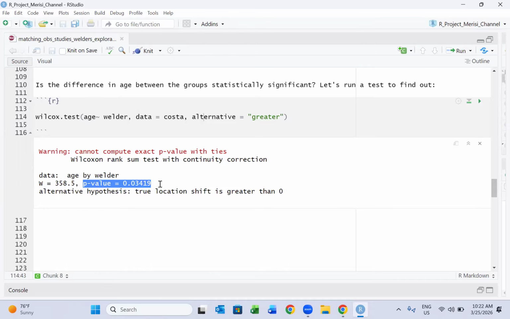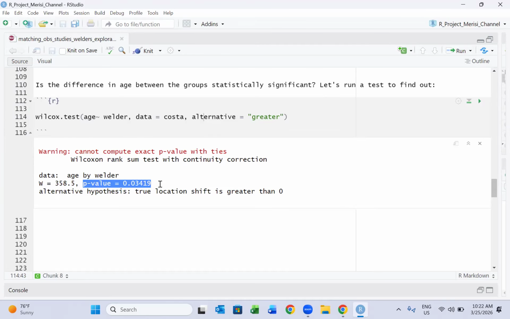Remember, non-welders higher than welders with respect to age is the same as saying that welders are younger than non-welders, okay? So perfect. We found an imbalance in age between the two groups. And of course, we're going to address that later, okay?